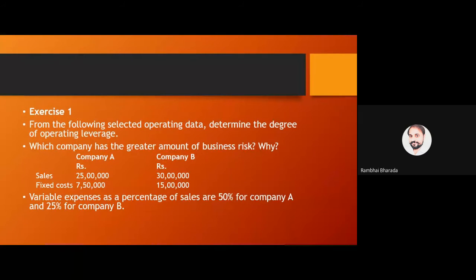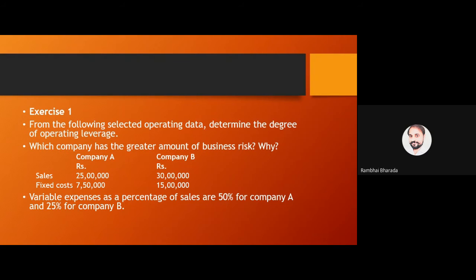Variable expenses as a percentage of sales are 50% for company A and 25% for company B. Is the question clear? We need to identify which company is better, or which company has more business risk.